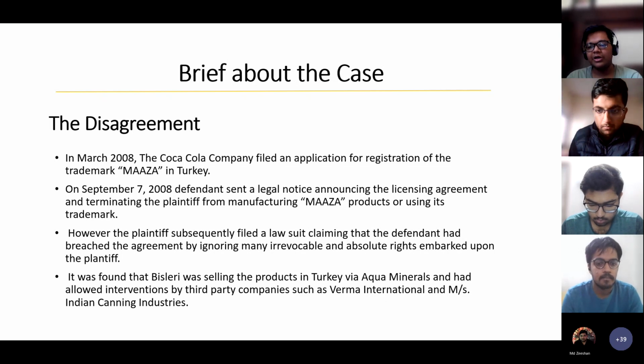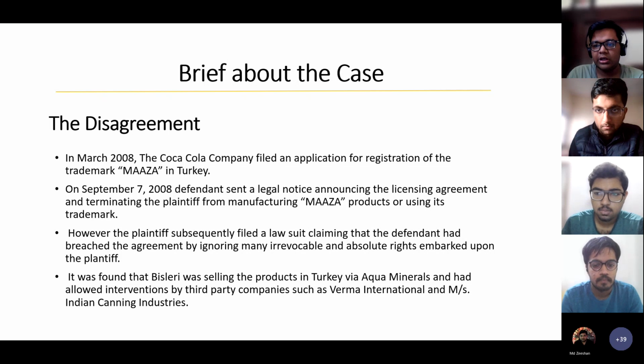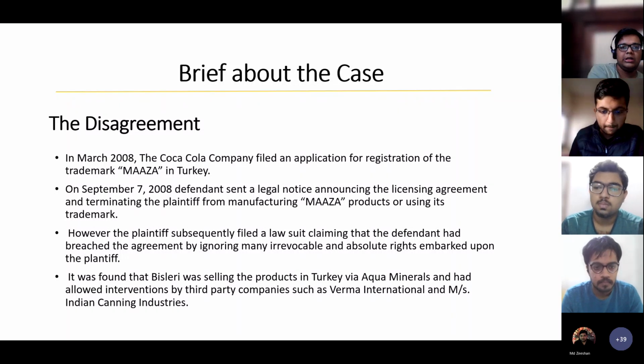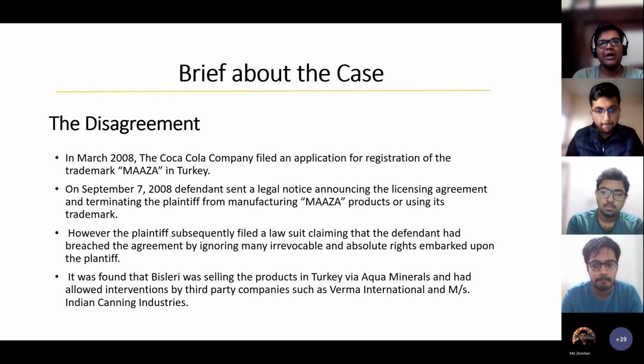They were manufacturing products in India and then exporting them to Turkey to sell, which under Indian law wasn't allowed, because it falls as an Indian product, not as a Turkey product. And the Coca-Cola company had rights over manufacturing and selling all products under the trademark Maza in India. So from now, Pranit will carry forward.